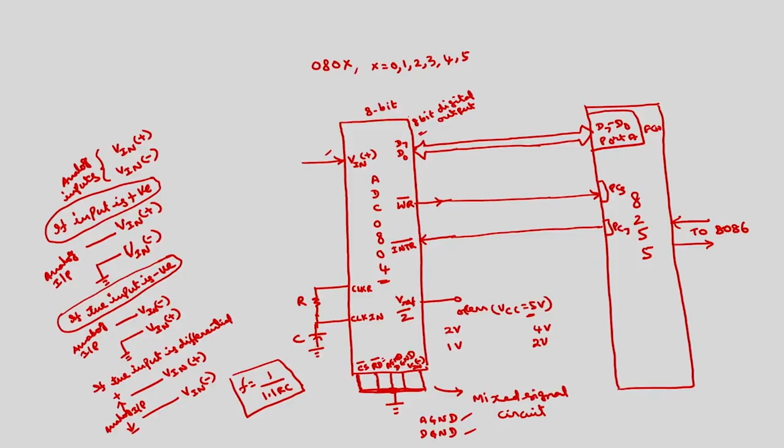Here the operation is basically, first the microprocessor has to initiate. From here the microprocessor connection is there. So this will start conversion through this 8255. This WR bar is an output pin and INTR bar is an input pin.